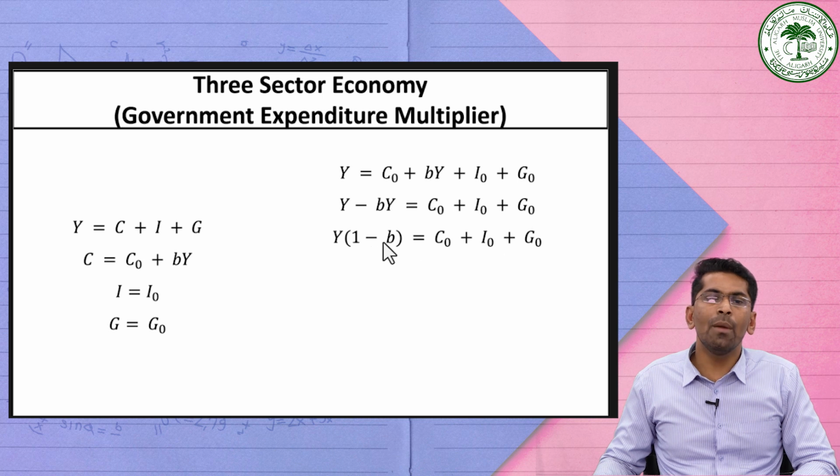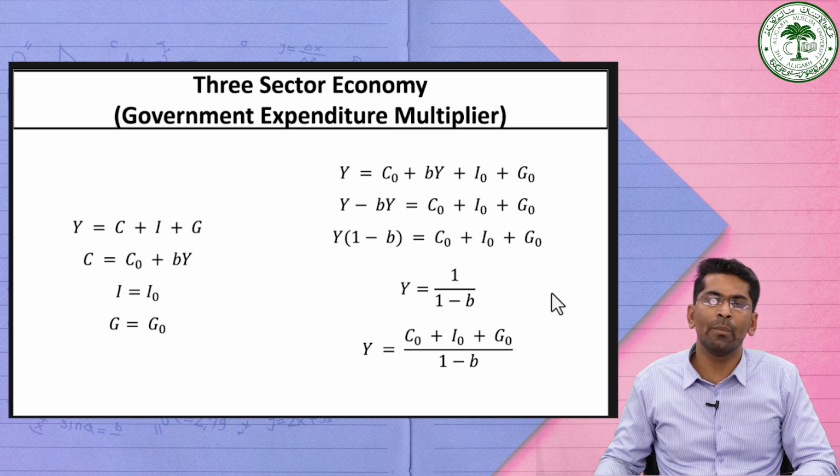Now taking 1 minus B to the right side, it goes to the denominator, so we write 1 by 1 minus B into C0 plus I0 plus G0.